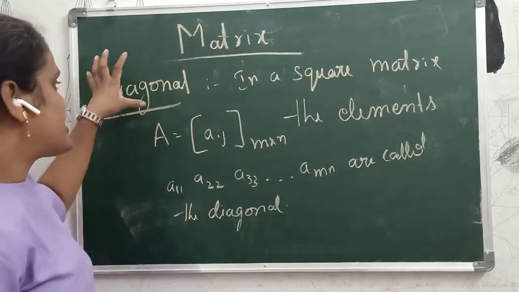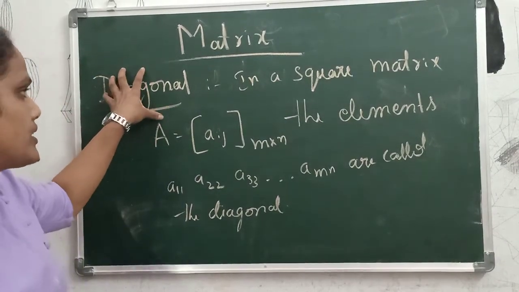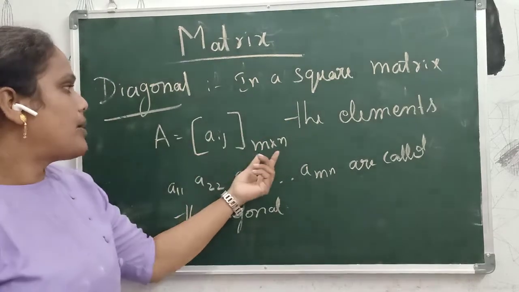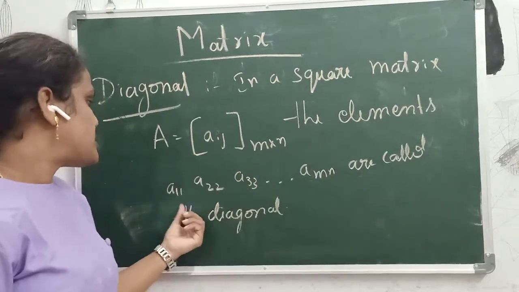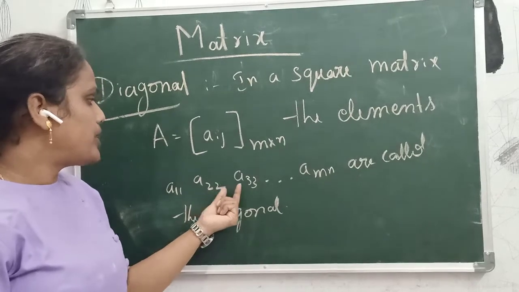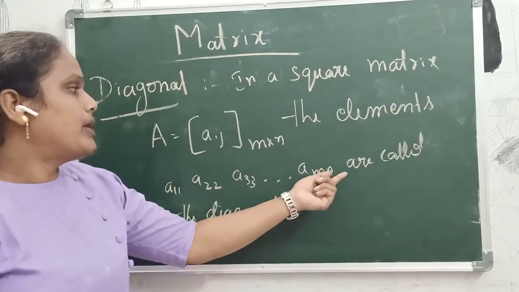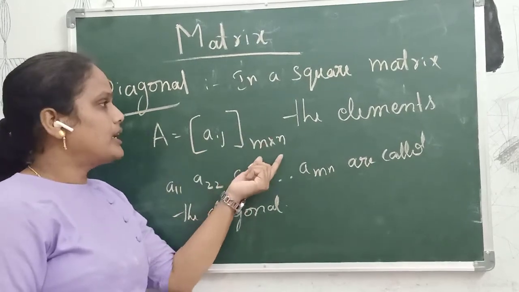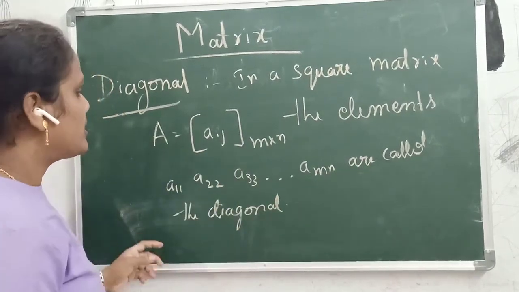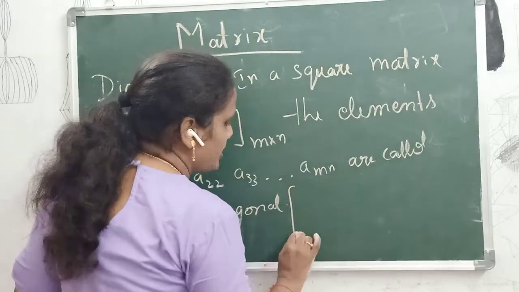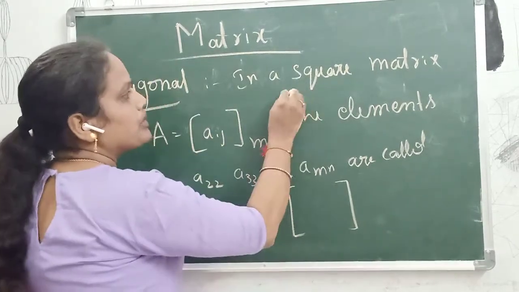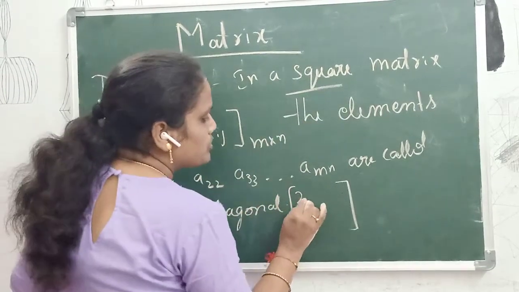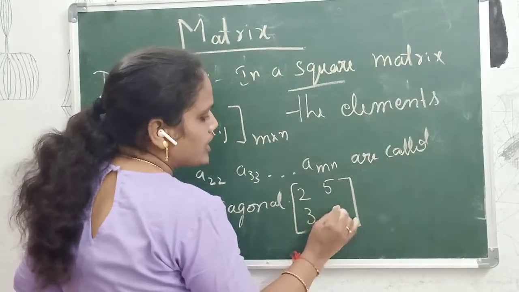Next, what is a diagonal? In a square matrix n by n, the elements a11, a22, a33, up to ann are called the diagonal. We define the general form of the matrix as aij, m by n. For example, it should be a square matrix. So 2, 5, 3, 4.